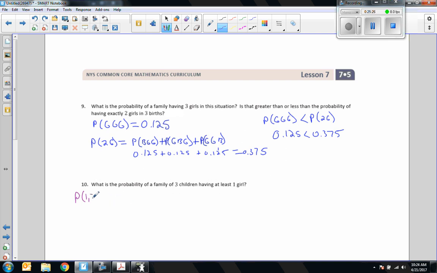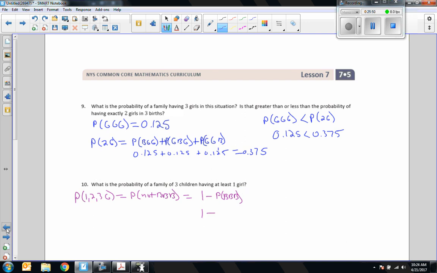It's going to be 1, 2, or 3 girls, in other words, the probability of not all boys. It's the probability of at least one girl. So that's going to equal the total probability, which is 1, minus the probability of having 3 boys. Okay?